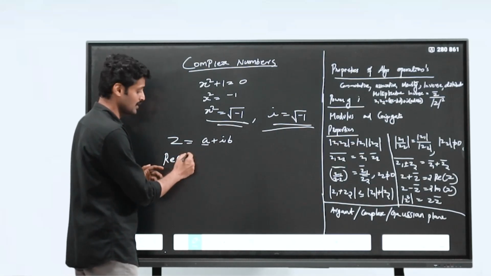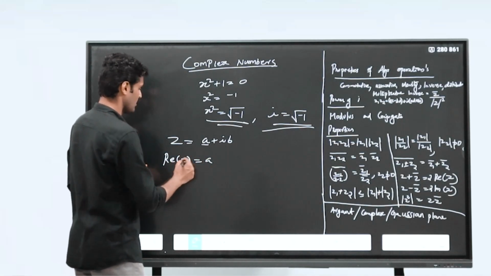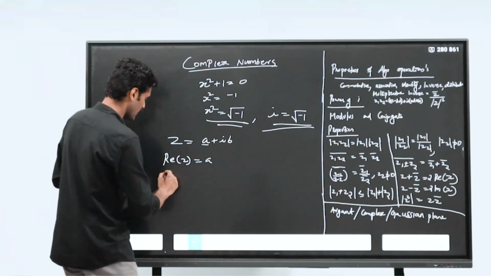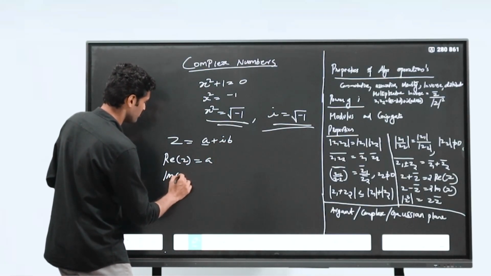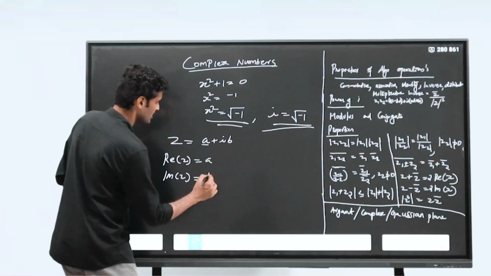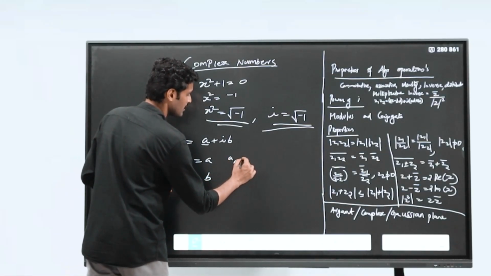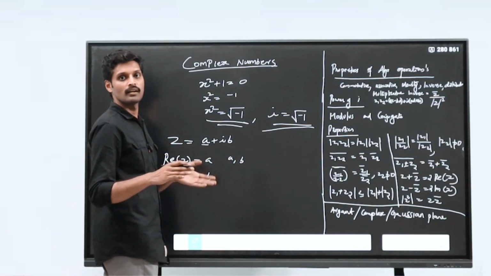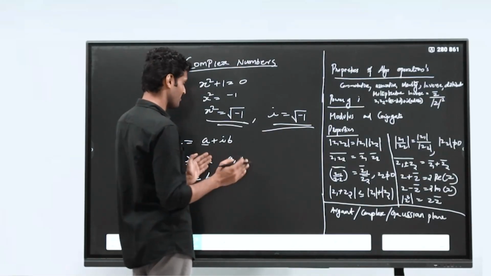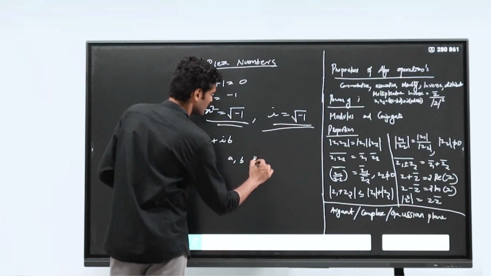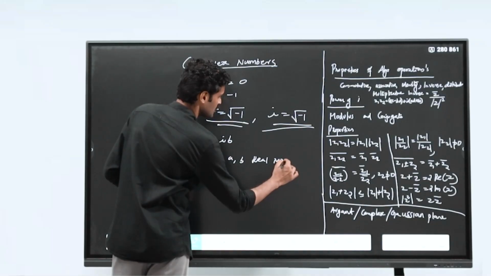That is, Re z equal to a. And the imaginary part, Im z equal to b, where a and b both are real numbers.